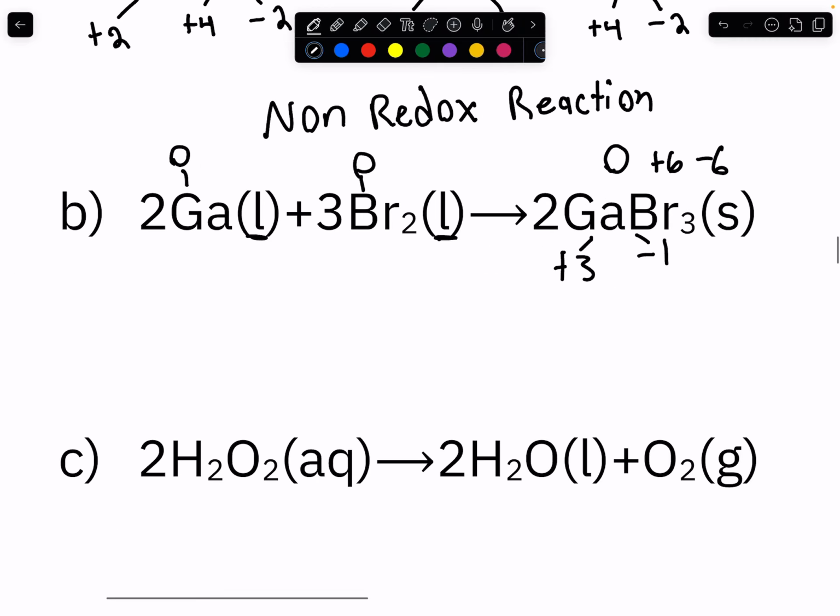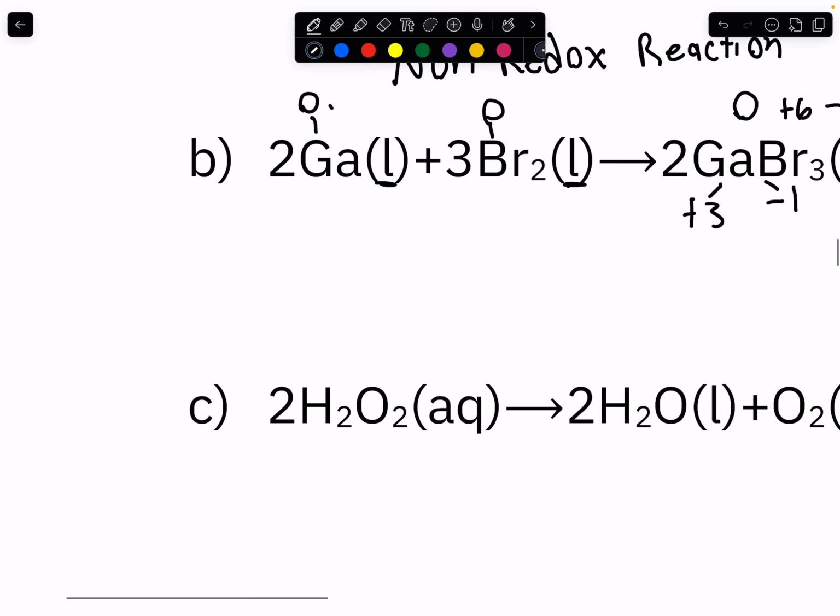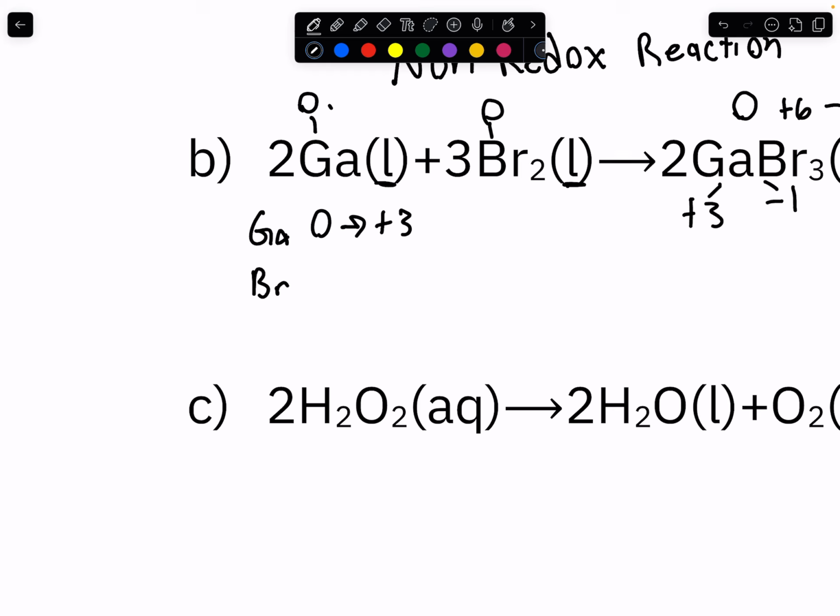In this case, we're going from 0 to +3, which I'm going to write down. Gallium is going from 0 to +3, and bromine is going from 0 to -1.